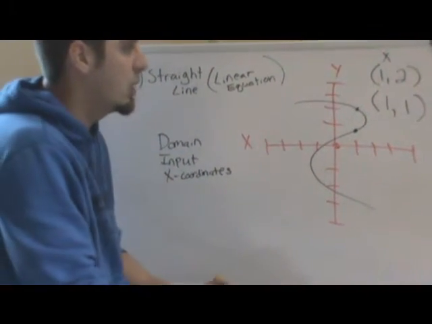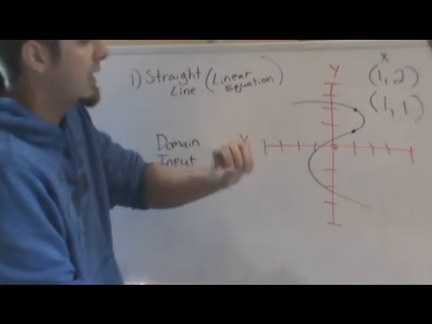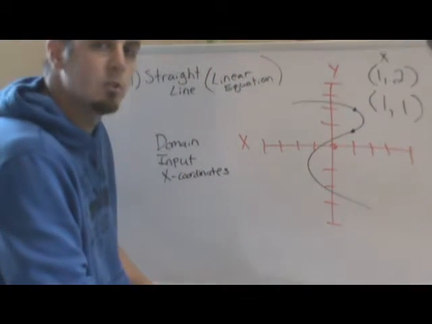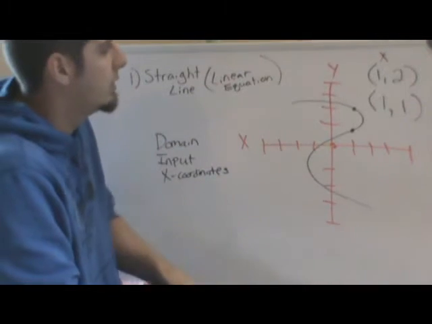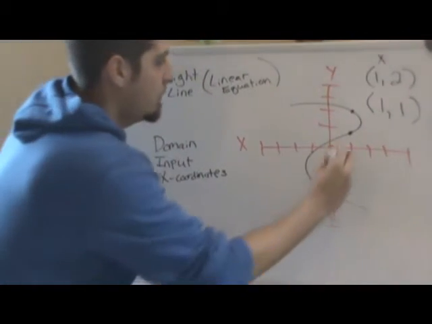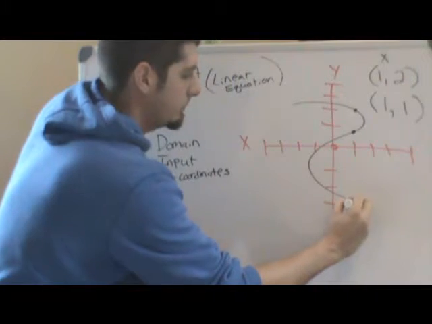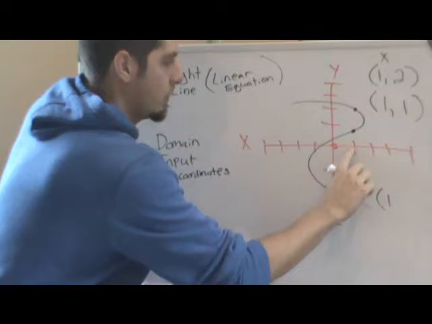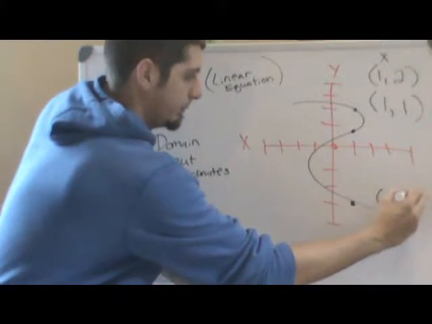That doesn't make sense. There's not an equation in existence that you can make where you would input 1 twice and get two different answers. There's no pattern, there's no relationship where you would input 1 and get two different answers. And if you actually go further down, there's another point right here that has an x-coordinate of 1. We went over 1, but we went down 3.